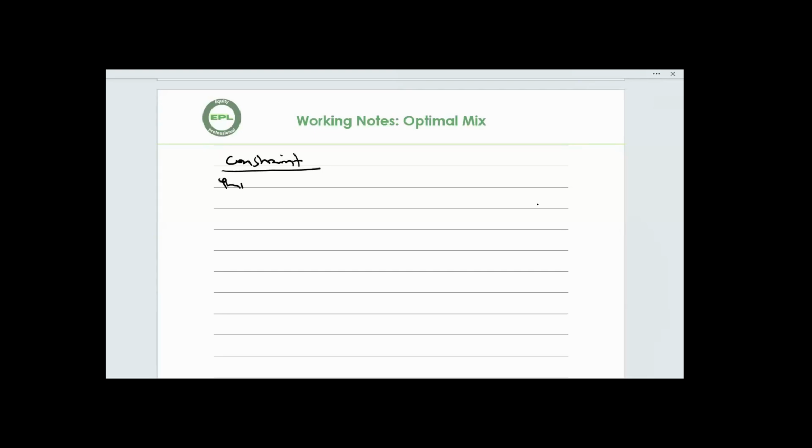Constraints. This is also known as bottleneck or limiting factor.